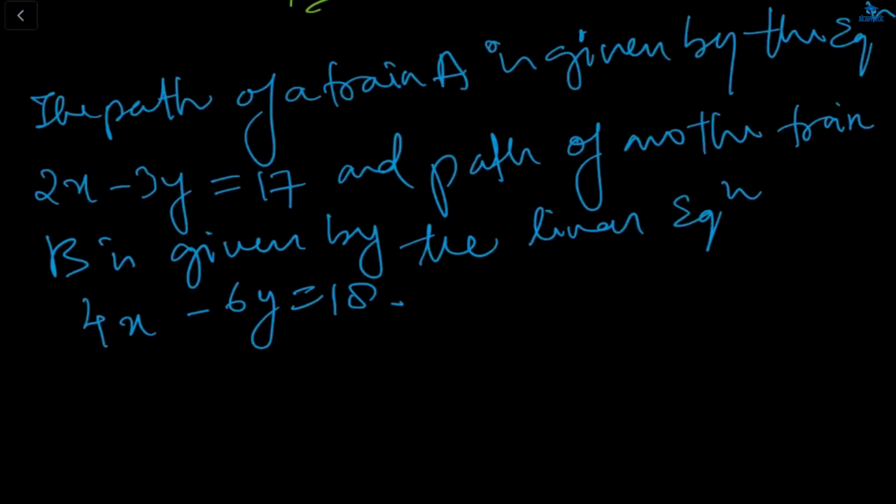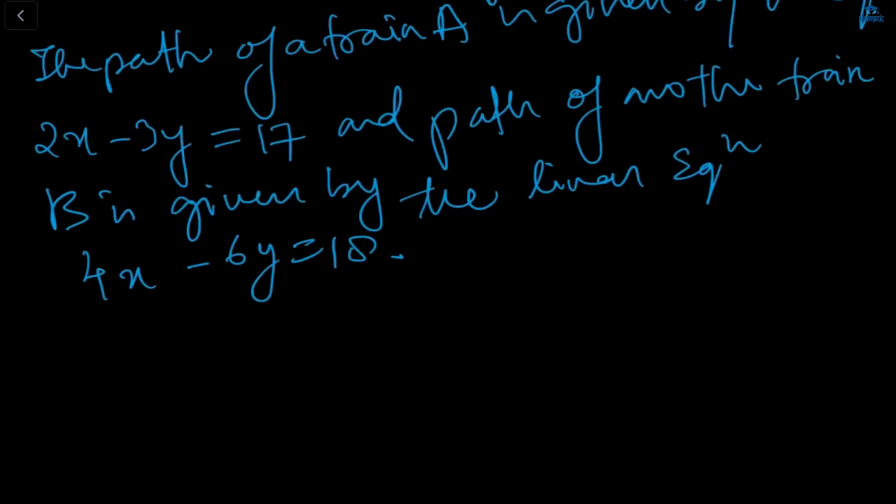Represent the above situation graphically and write your observation. So the path of train A is given by this equation and the path of train B is given by this linear equation. You have to solve both the equations and represent the situation graphically. Now this question is not that way, and the equation of 2 lines passing through this from the choices.